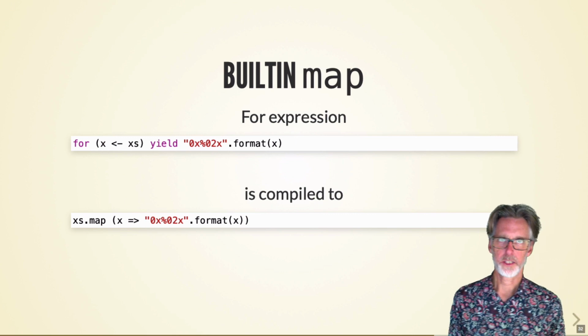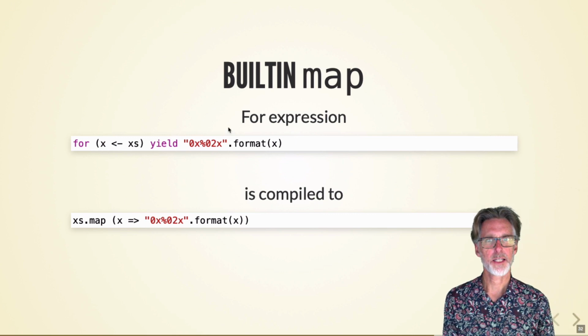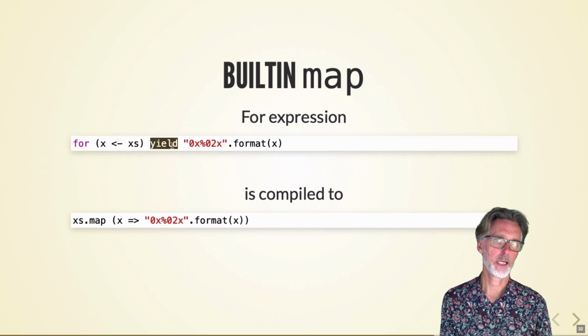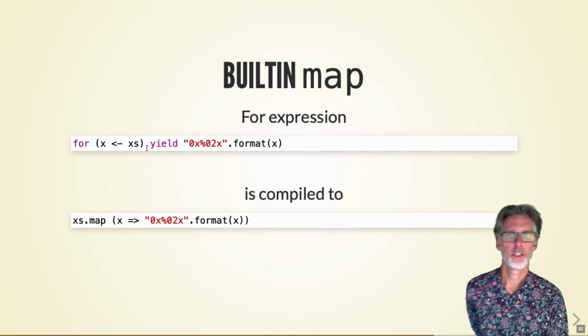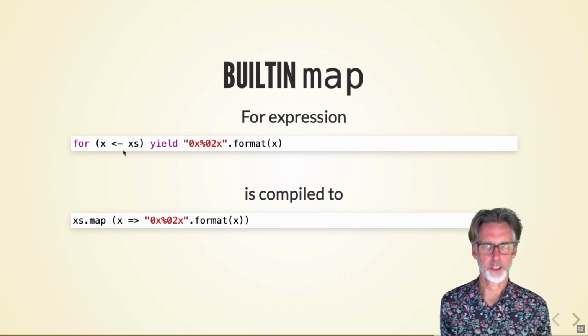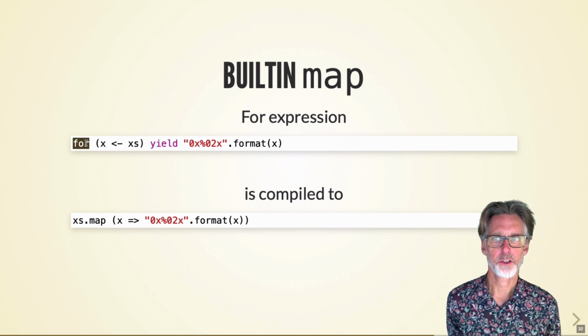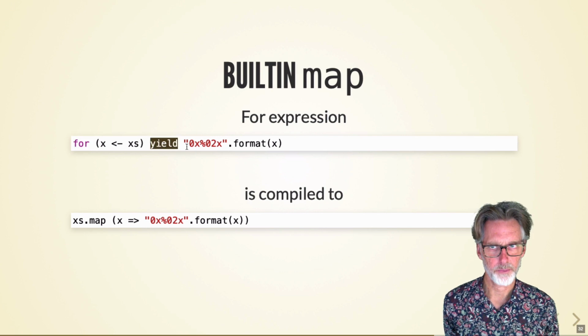Also, like FOREACH, Scala provides a for expression, which is a shorthand or a sugar, if you like, for the invocation of the map function. In the case of the map function, we have a for expression that yields something.